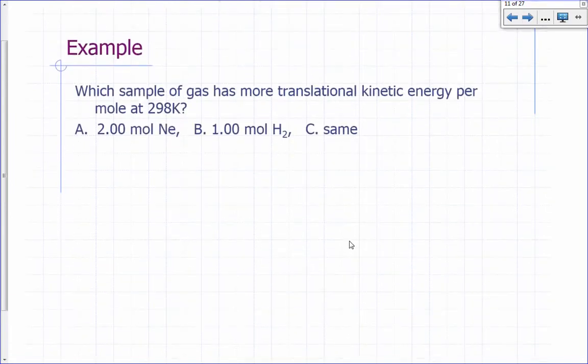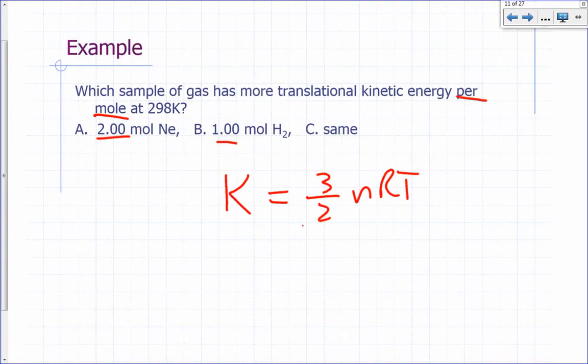How about this question? Which sample has more translational kinetic energy per mole? So, it doesn't matter how many moles you're given. You just compare 1 mole. You're really just being asked to compare 1 mole versus 1 mole. So, translational kinetic energy per mole is 3 halves nRT divided by n if you want it per mole.